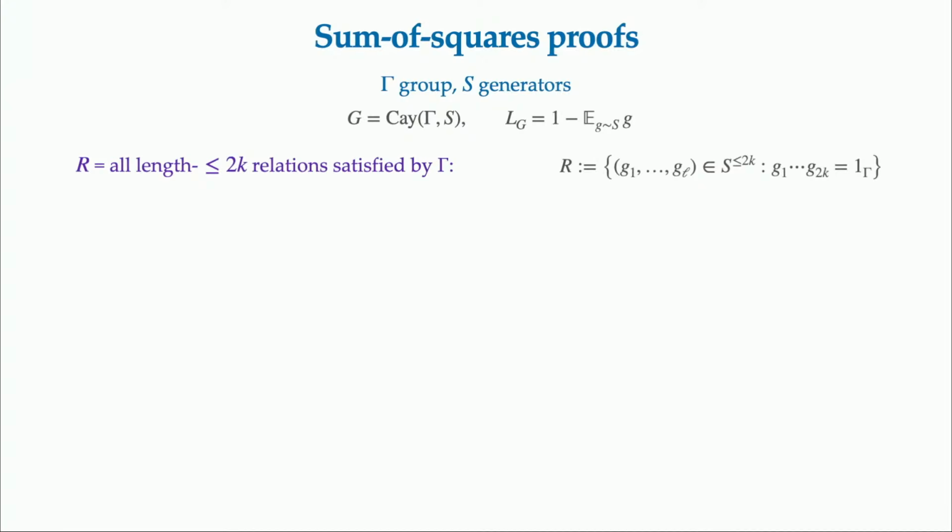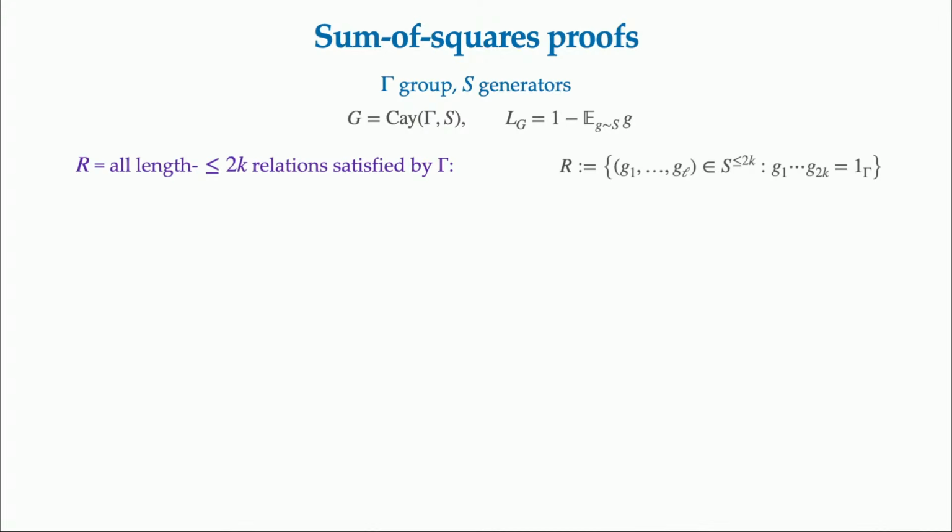But let's momentarily restrict our attention only to relations of length at most 2k. So I have G1 to GL, where L is some number that's at most 2k. If I look at the product G1 to GL, I end up getting the identity element within the group gamma.